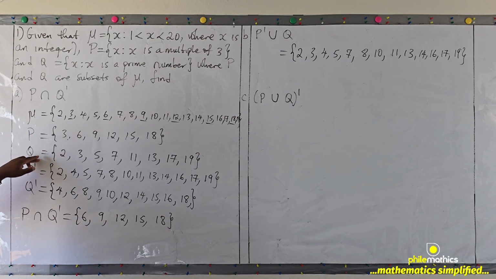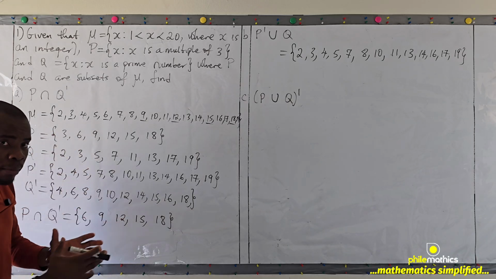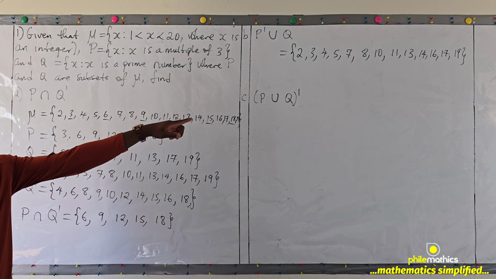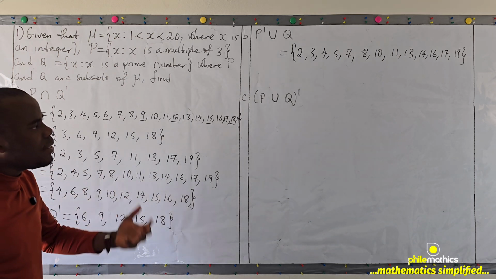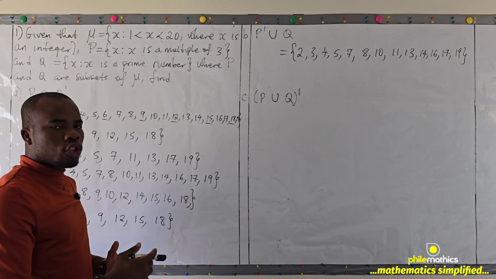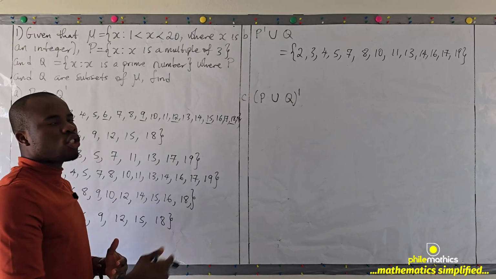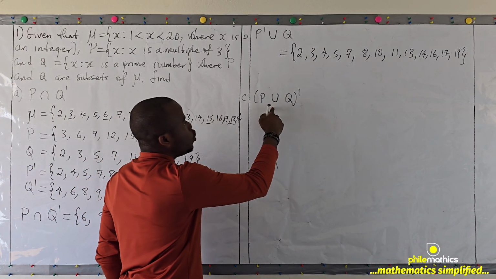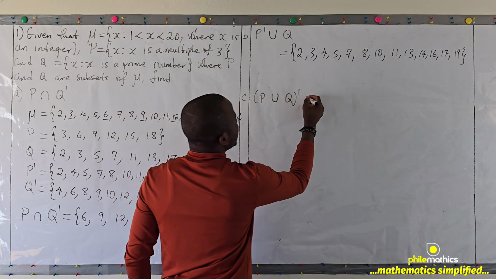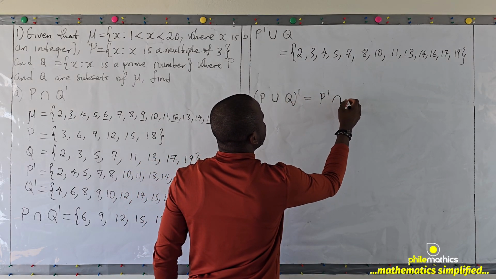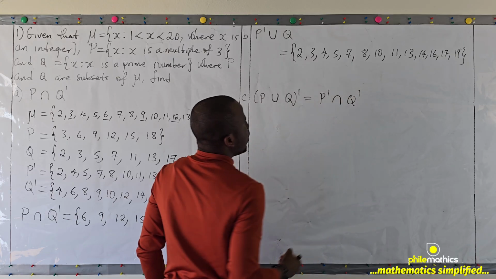And p union q prime is: find the elements in p and q and merge them together without repetition. When you have done with that, you take its complement. But there's another easy way we can do this using a law in set theory called De Morgan's law. De Morgan's law simply says p union q all prime is the same as p prime intersection q prime.